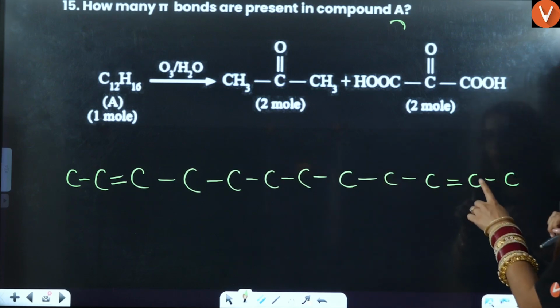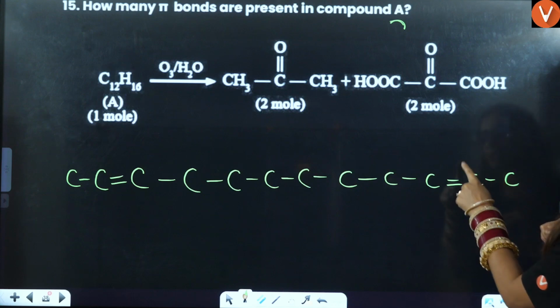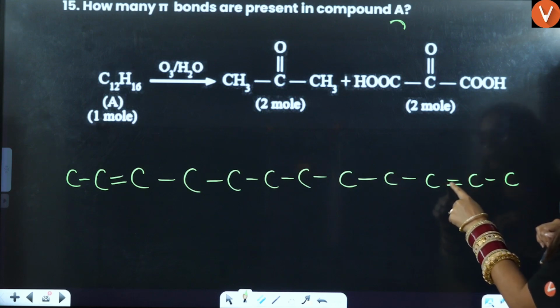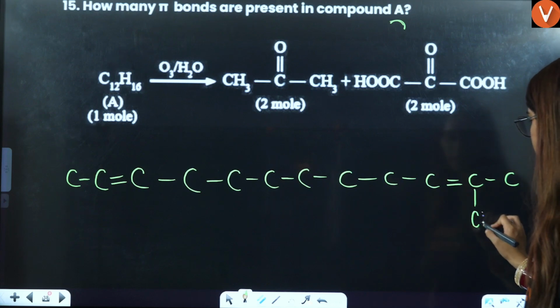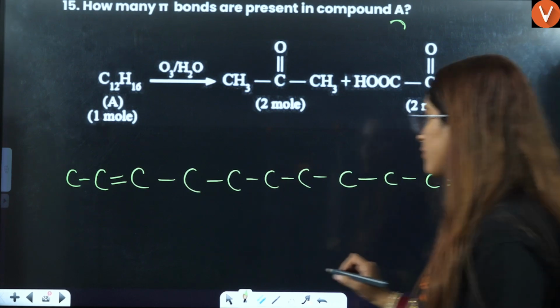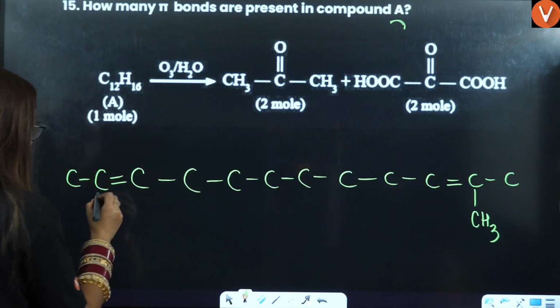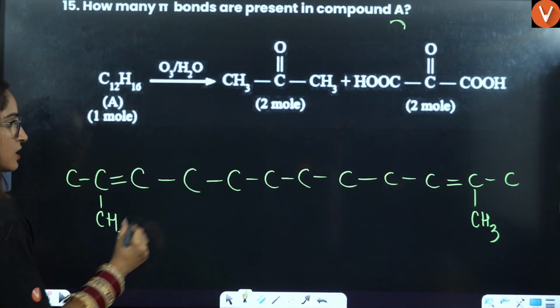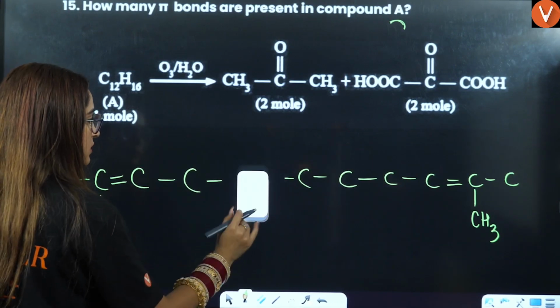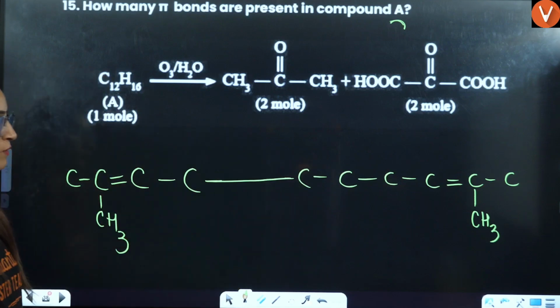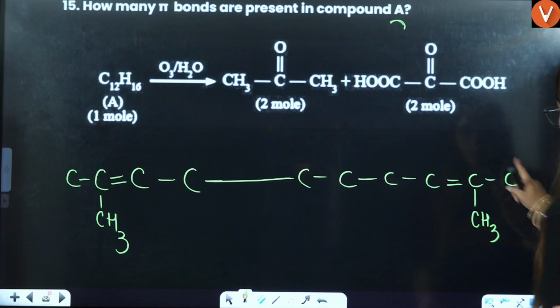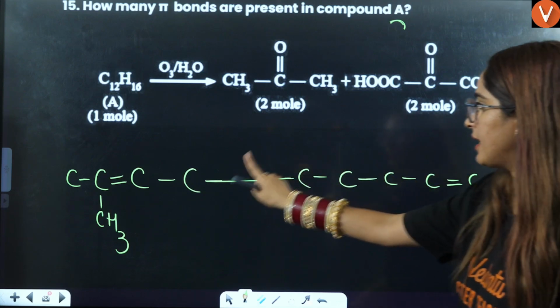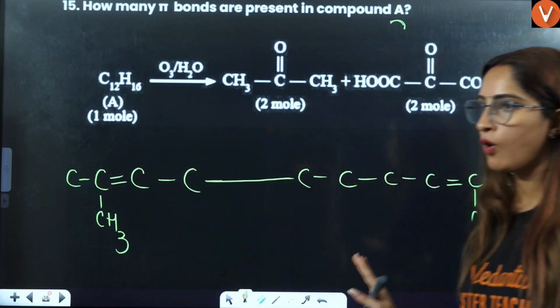Because this double bond is going to give you CH3C, CH3C double bond O, and then again you need to have one CH3 here, right? One CH3 here, right? And one CH3 here. Okay? So subtract 2 carbons here, right? Okay? 1, 2, 3, 4, 5, 6, 7, 8, 9, 10. 1, 2, 3, 4, 5, 6, 7, 8, 9, 10, 11, 12. Okay.